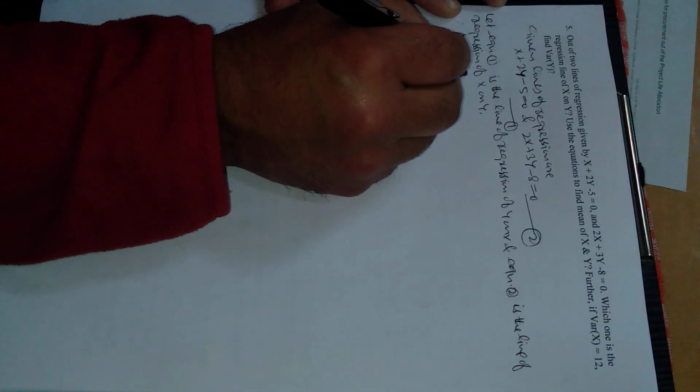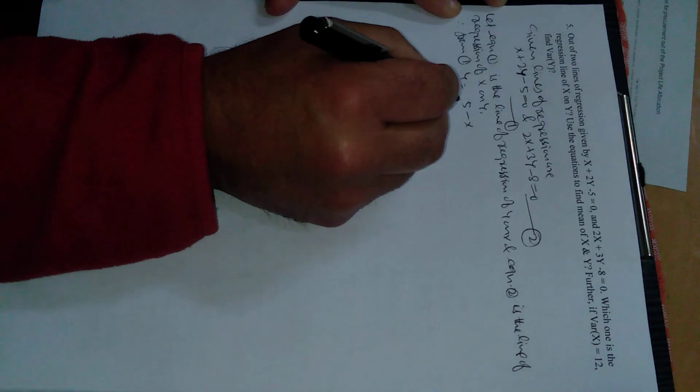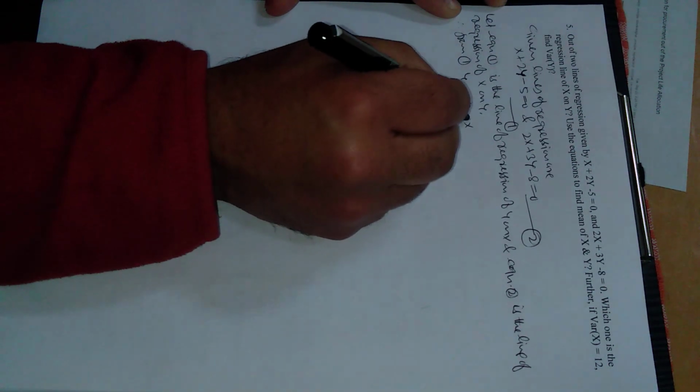Therefore, because we supposed the first to be the line of regression of y on x, from 1 we will find y. So from 1, y will be (5 minus x) divided by 2, this divided by 2, and this divided by 2.